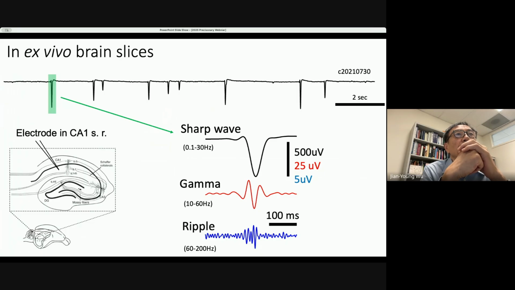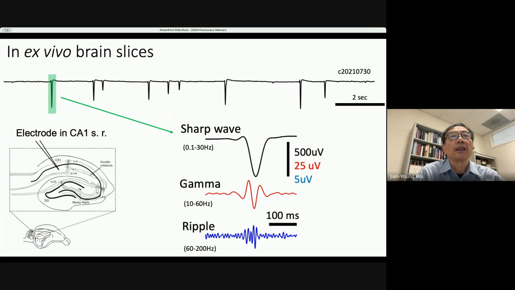We put an electrode in the stratum radiatum where the mossy fibers and the distal dendrites are, which gives a larger local field potential and also clear ripple oscillations.